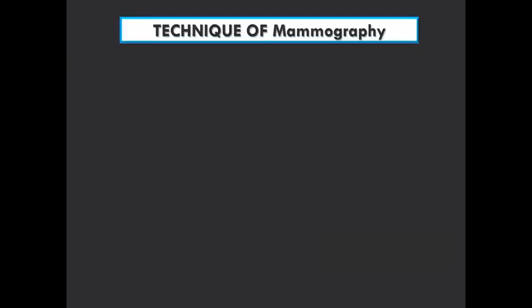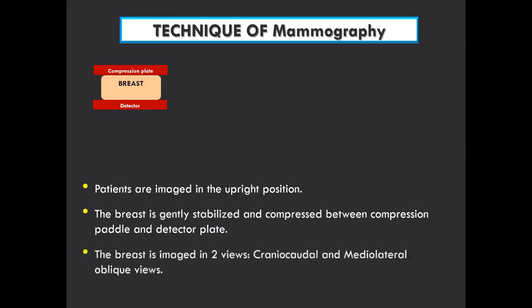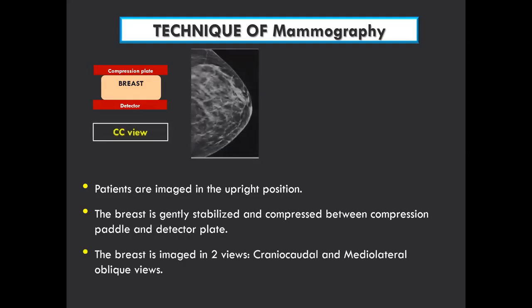We all know that in mammography, the patients are imaged in the upright position. The breast is gently stabilized and compressed between the compression plate and the detector. And then we image the breast in two views. The first view is the craniocaudal view, and in a craniocaudal view, we can say whether lesions present in the breast are seen in the outer or the inner breast quadrant.